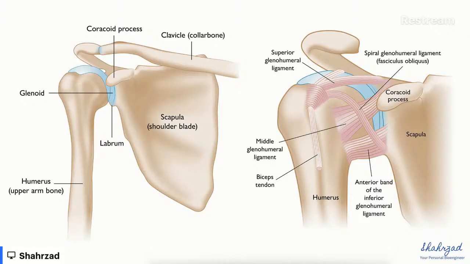And on the right, you can see all the soft tissue and ligaments and tendon surrounding the shoulder joint. So yes, just wanted to highlight these are the two names that you will hear again about, glenoid and humerus, because the components of shoulder replacement are named after these areas.